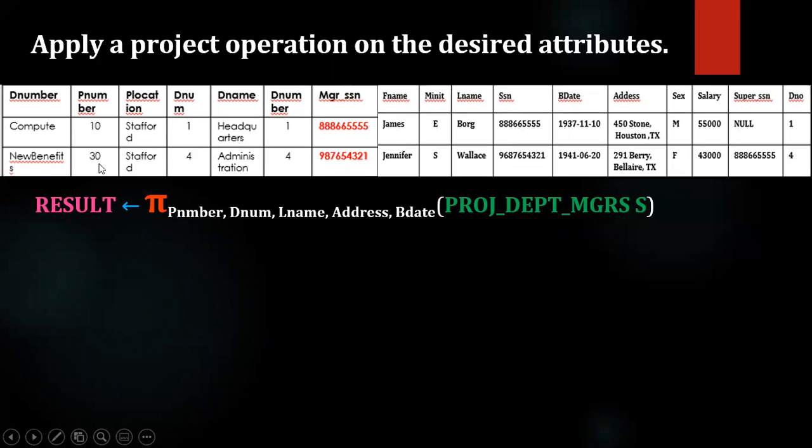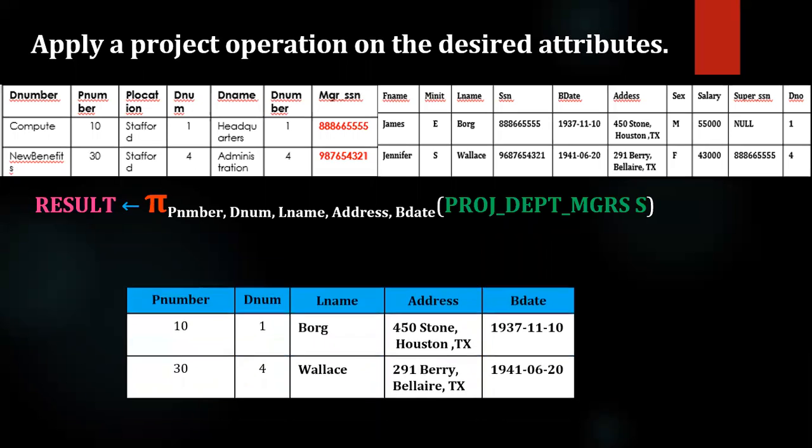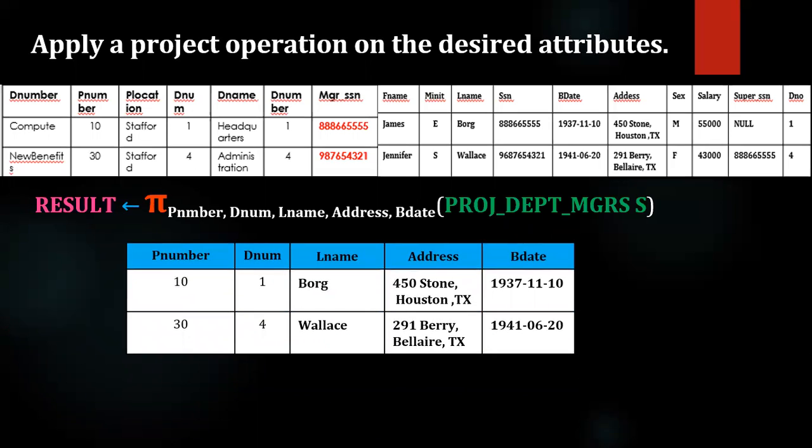Similarly, project number 30. Who is handling? This is handled by department number 4. The manager of the department is Jennifer. It will be displayed. So we'll get the result. So these are the two managers who are working on the projects located in Stafford. So this is the solution for the required query.